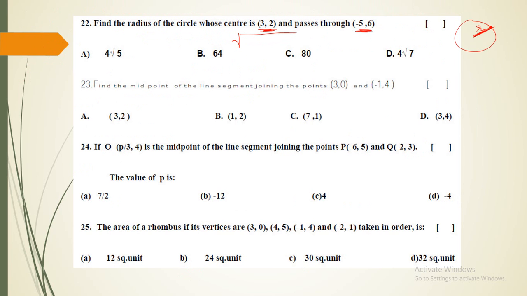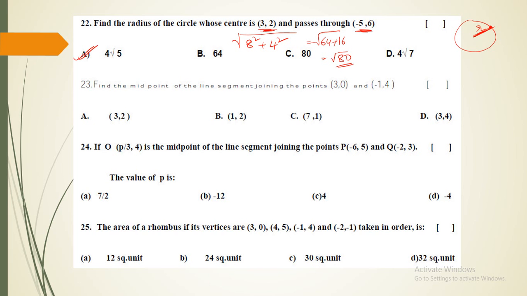Difference of x coordinates whole square plus difference of y coordinates whole square under square root. So 3 minus of minus 5 means 8. So 8 square plus 2 minus 6 is nothing but 4 square. So 8 square is 64 plus 4 square is 16. So 64 plus 16 is root 80. Root 80 means 16 5s are 80, which I can write as 4 root 5.